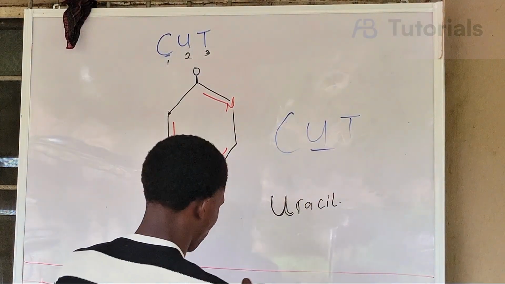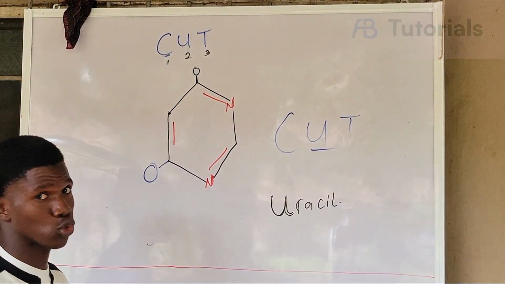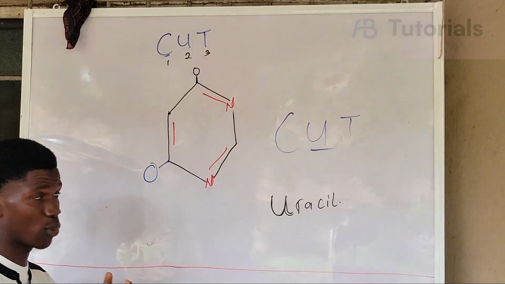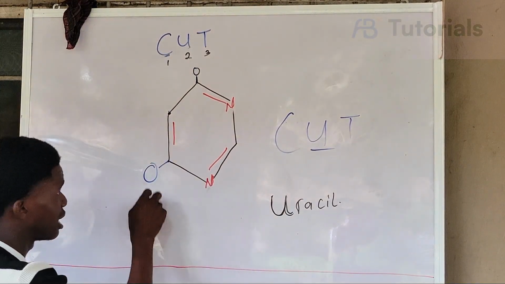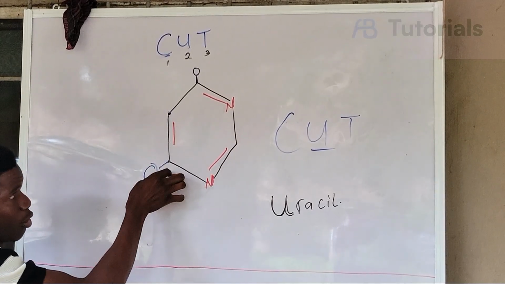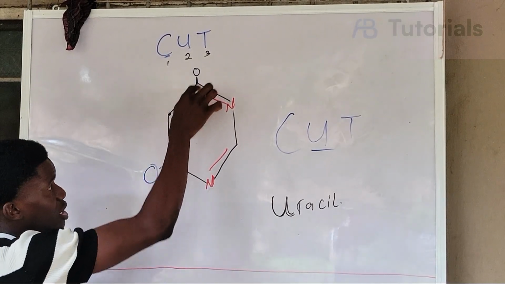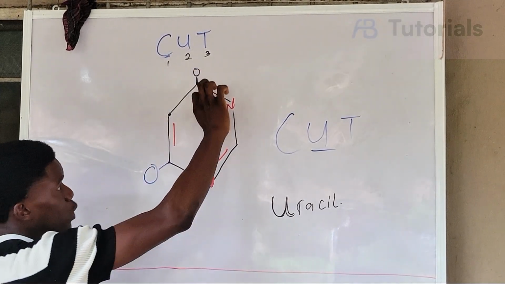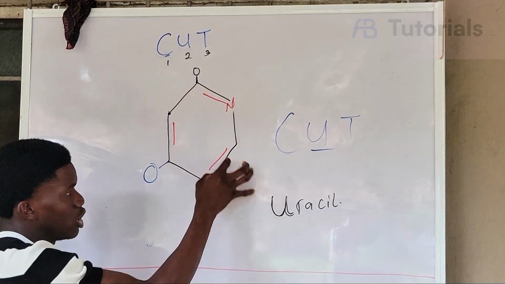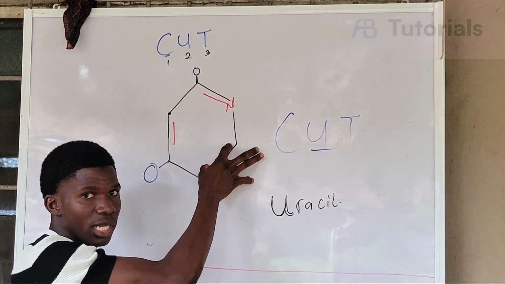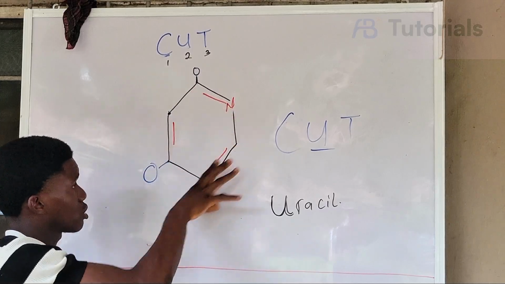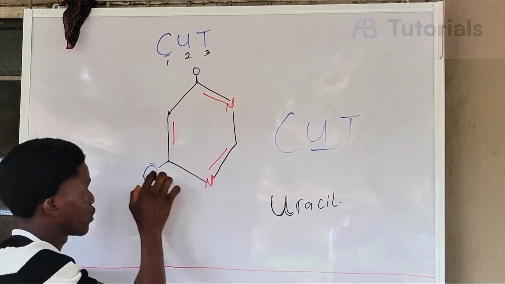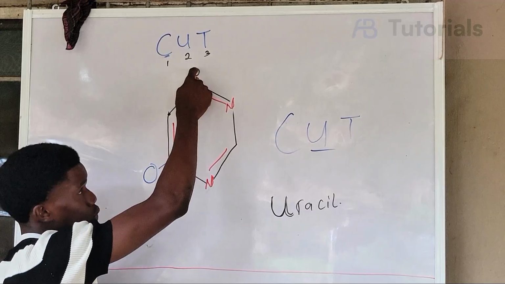But mind you, oxygen is supposed to have how many bonds? 2 bonds, right? That means I'm going to bring this bond here. And for this one, also 2 bonds, so I'll put this bond here. Only this bond will still be there in this structure. Do you understand what I did? Initially there was no oxygen, so I added one oxygen here and one here.